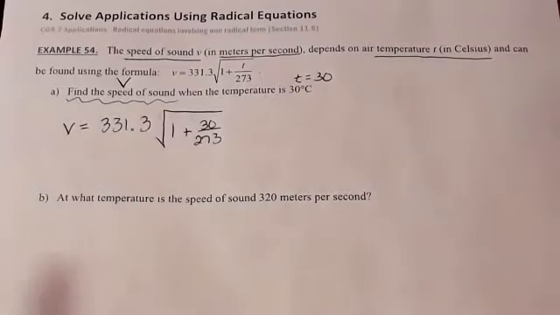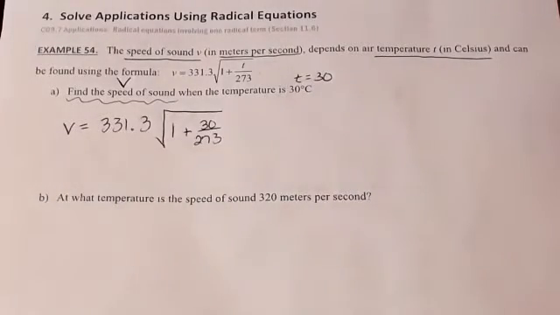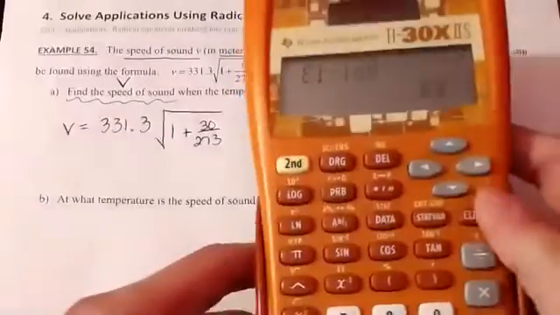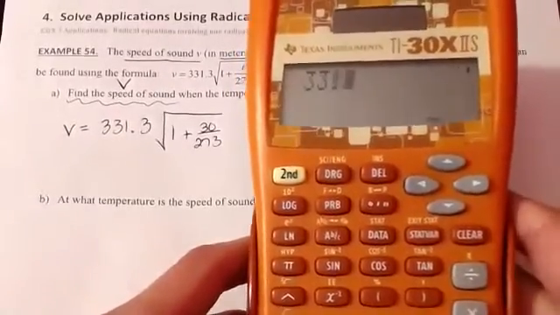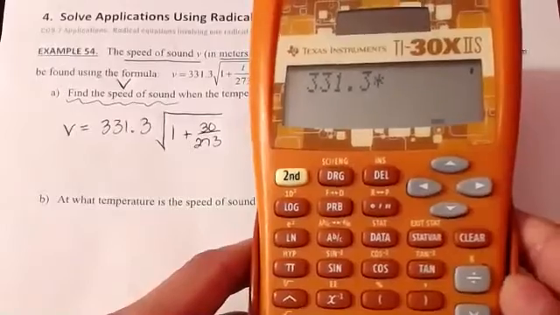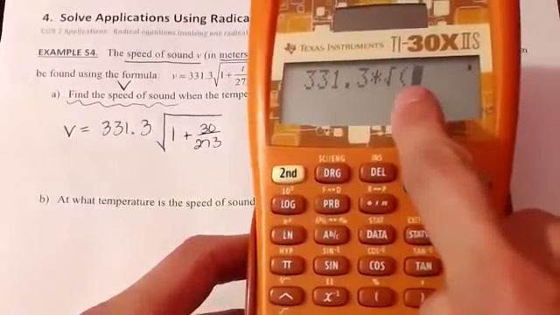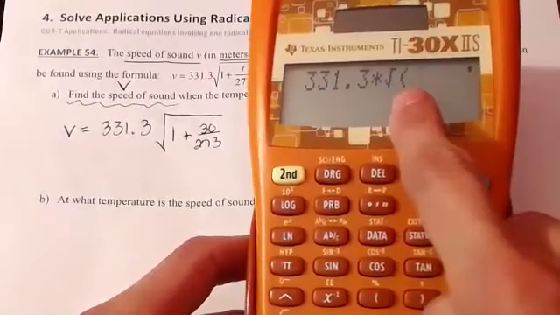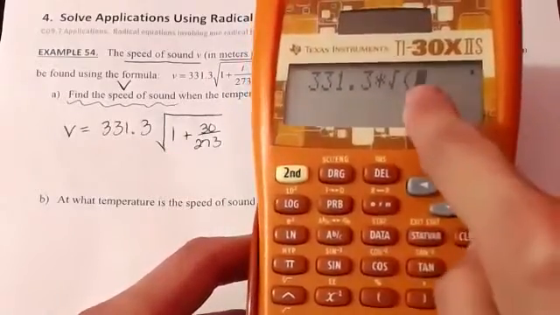I would advise you to punch in the whole thing. Let me just show you how you would do this. On your calculator, you would type in 331.3 times, right? Then we've got the square root. Now, it's really important that you take heed of this set of parentheses because we're going to put the entire expression and then close the parentheses.